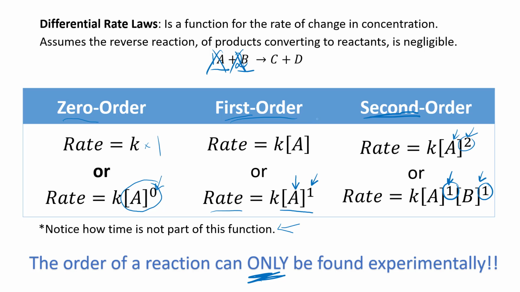So whenever I ask you to find the general form for a rate law, a differential rate law, all that means is you write down rate equals k, and then your concentration of A, if A is a reactant, and B, if B is a reactant. You don't include your C or your D. Then you raise each one to whatever power you are finding experimentally.